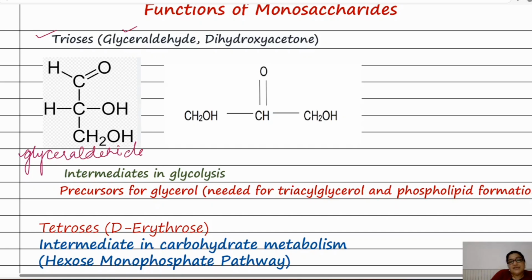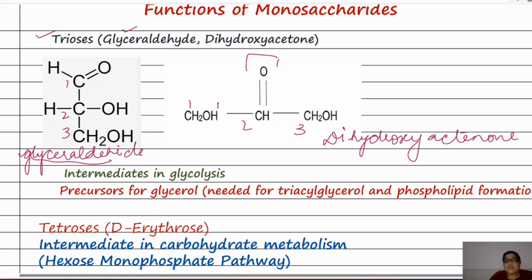You can see there are 3 carbon atoms, 1, 2, 3, so it is a triose sugar. And in dihydroxyacetone, although there are 1, 2, 3 carbon atoms, there is a keto group. So this is dihydroxyacetone.